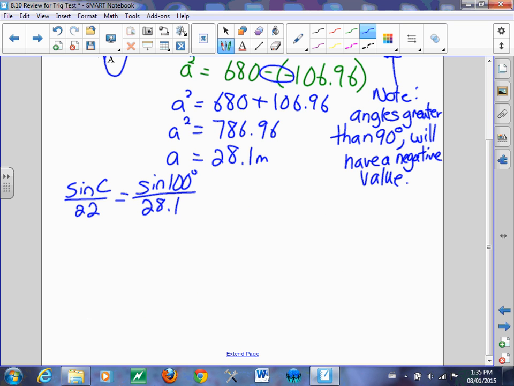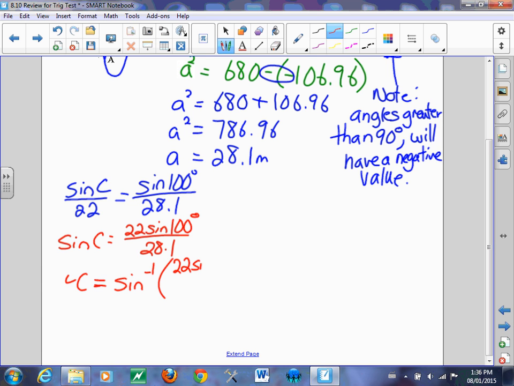Plug this in your calc. Oh, I can't plug it in yet. We've got to get it isolated first. So sine C equals 22 sine 100 degrees divided by 28.1. And we've got to get the angle by itself before we plug it in. So angle C equals the sine inverse of this relationship. Relationship, ratio, fraction, all mean the same thing in this case.